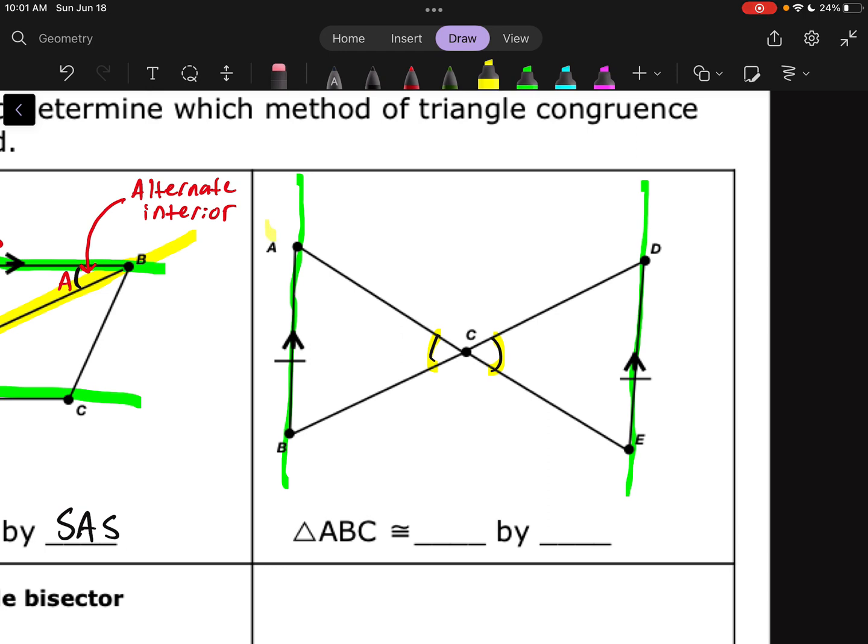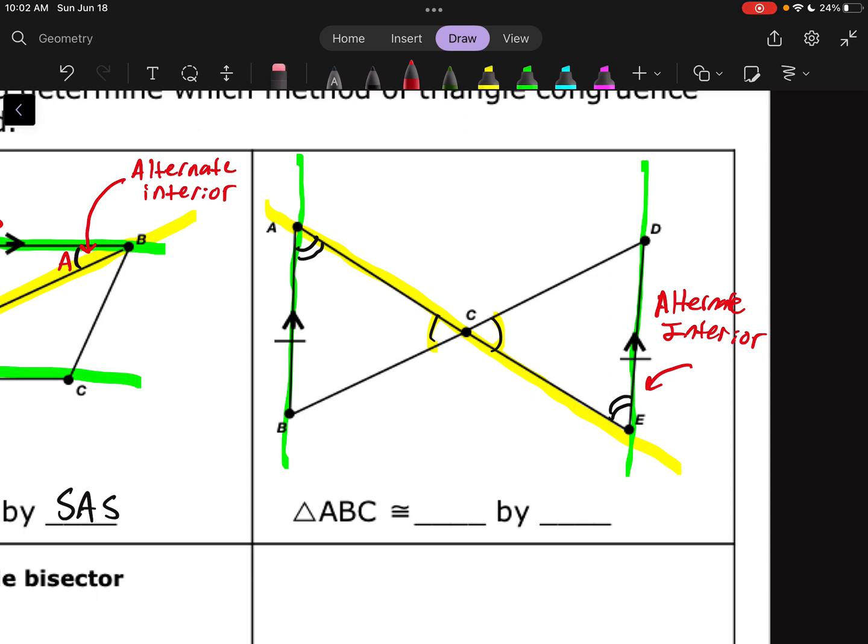And if I'm using this as my big transversal, then I would have angle A and angle E being congruent, because those, once again, just like the last one, are alternate interior angles. That's going to give me an angle and a side. So I can say triangle ABC is congruent to triangle DEA by angle, side.